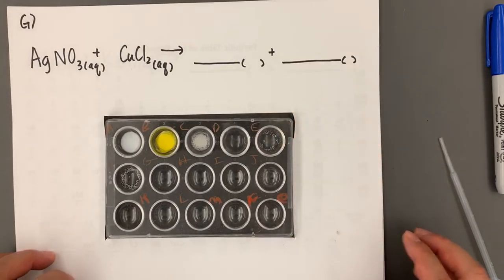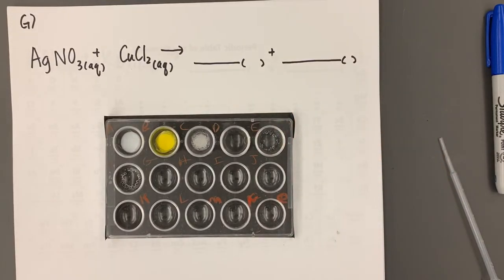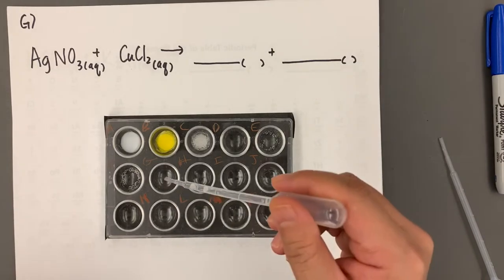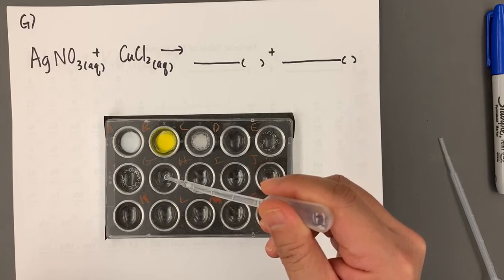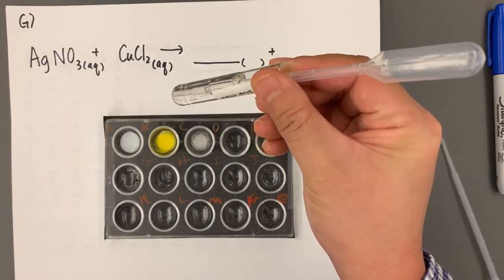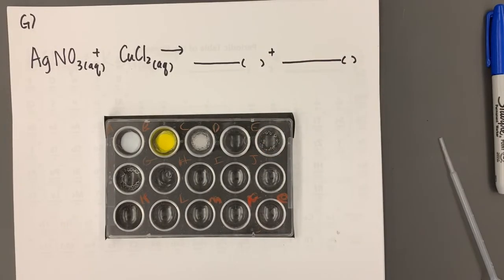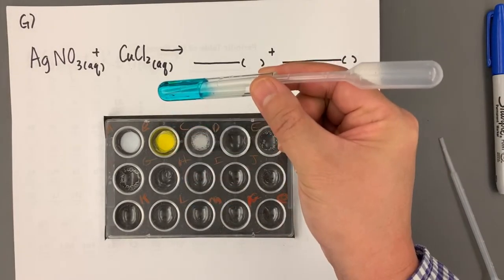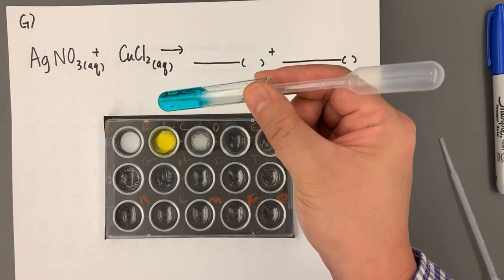Next we have silver nitrate and copper chloride. The silver nitrate, notice, is a colorless solution, but the copper chloride is a blue solution because of the copper 2+.